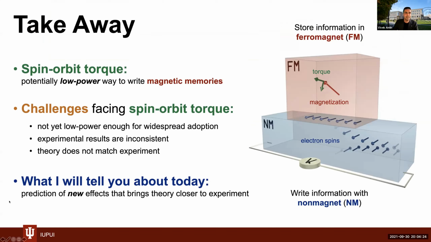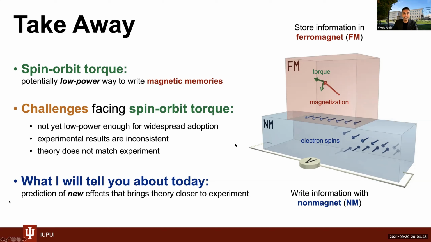If you turn on a voltage and run a current through this non-magnetic layer, through various interactions that involve spin-orbit coupling, you can then exert a torque on the magnetization and flip the magnetization. So if you store information in the direction of the magnetization, this is a way of writing the magnetic memories. And I will talk more about the physical processes underlying this going ahead.